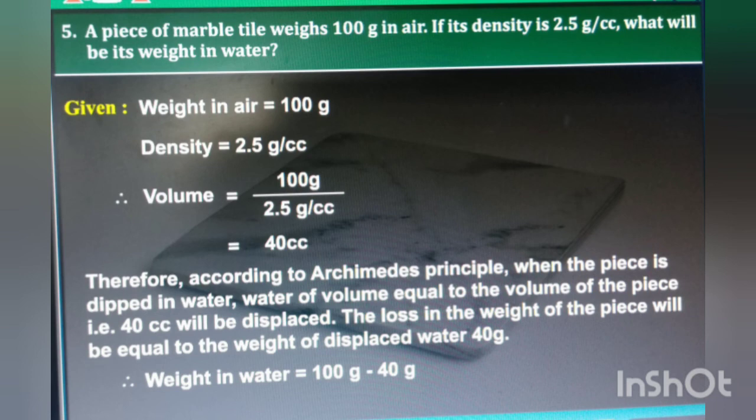According to the Archimedes principle, when the piece is dipped in water, water of volume equal to the volume of the piece, that is 40 cubic centimeter, will be displaced. The loss in the weight of the piece will be equal to the weight of the displaced water, that is 40 gram. Therefore, weight in water is equal to 100 gram minus 40 gram, which is equal to 60 gram.